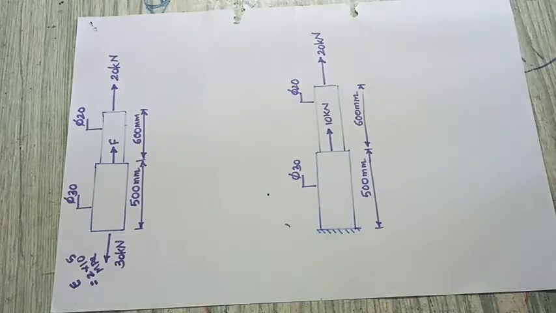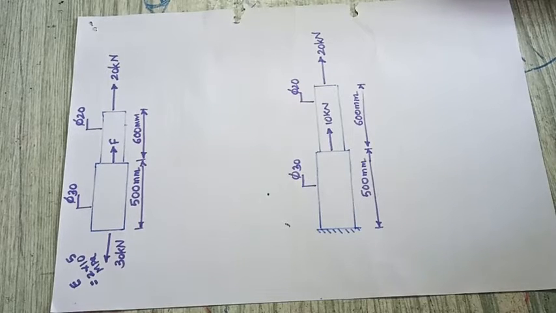In the last video, I discussed a very important concept: how to solve problems when the bar is experiencing more than one force. We found out how many forces there are on the right side and left side by taking a section, and we made a summation of the forces on the right and left.